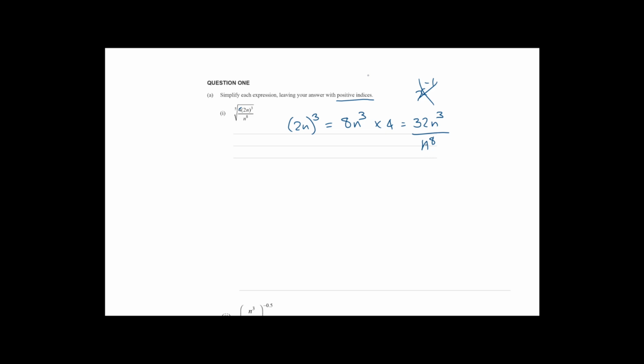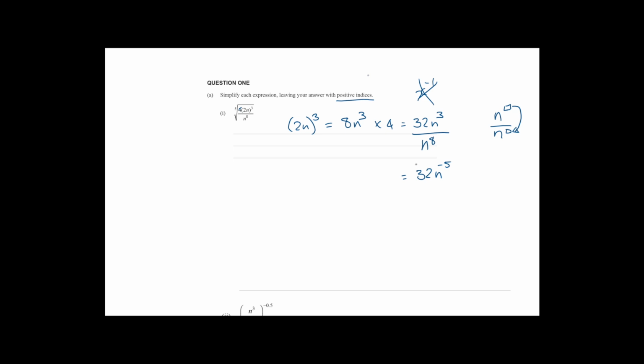So let's bring this over. It's going to be 32 n to the -5. Remember, when we divide one thing by another, it's that minus that. So 3 minus 8 is -5. And that clears up that.